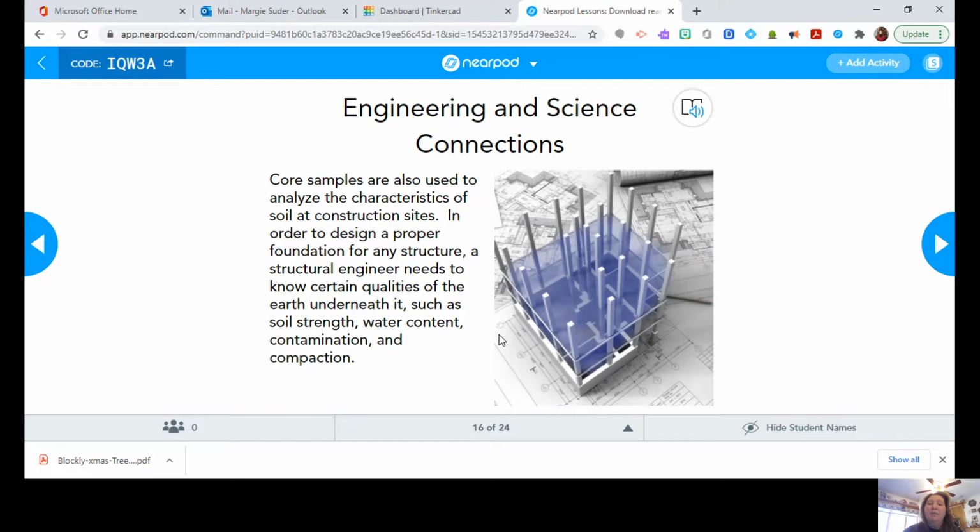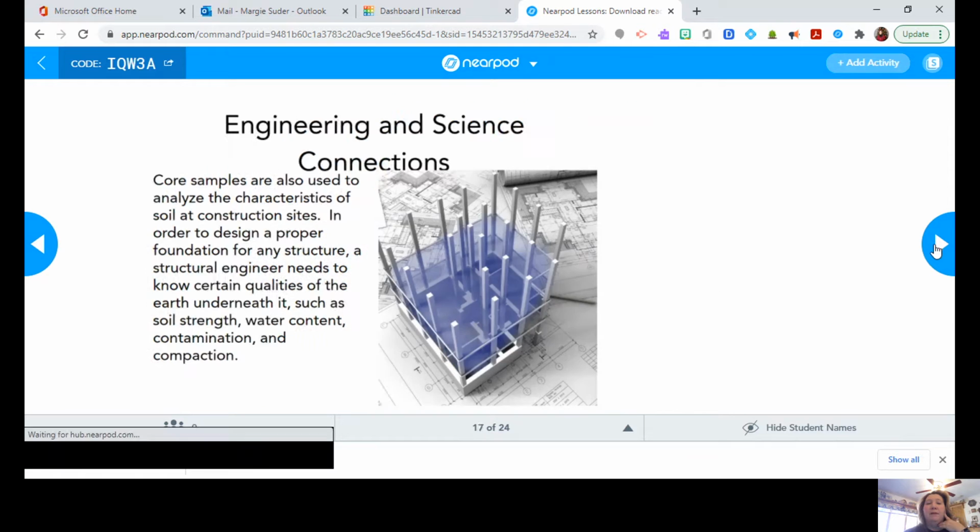So we're always having geologists go out and take core samples to find out what kind of rocks are under there, what kind of soil, what kind of water, and how compacted it is, so that we know the earth has enough structure and support to hold a building of this amount of weight. We're also looking for contamination, if there's any water or soil contamination below the site, because we would have to address that before we were able to build.